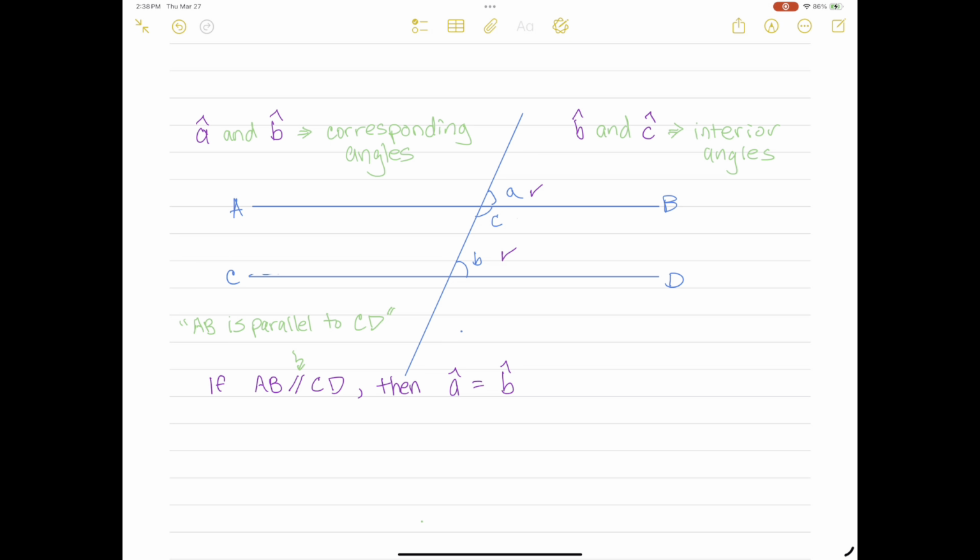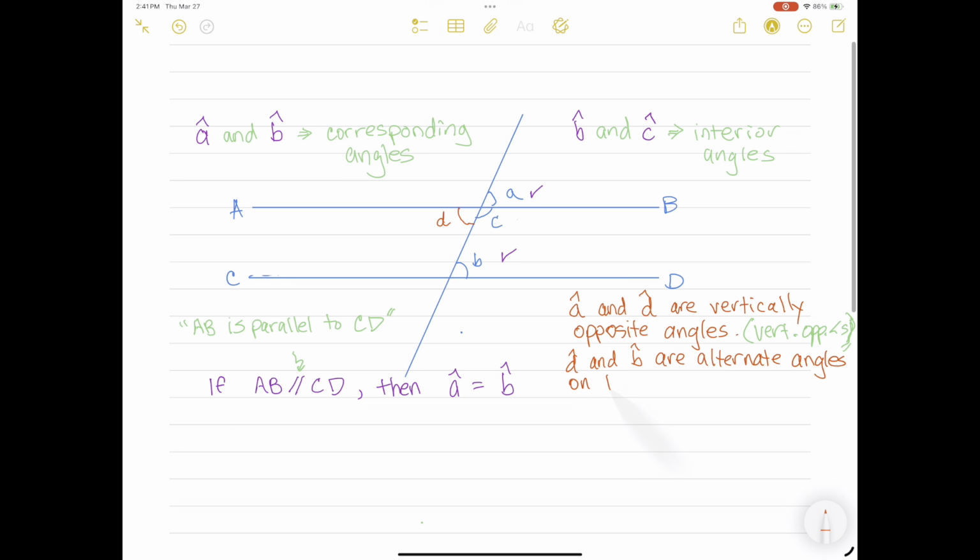Now, if you recall from lesson 49, where we discussed angle properties related to straight lines, angle A and angle D are vertically opposite angles. And when any two straight lines intersect, the vertically opposite angles are equal. That is, angle A equals angle D. Meanwhile, angle D and angle B are alternate angles.